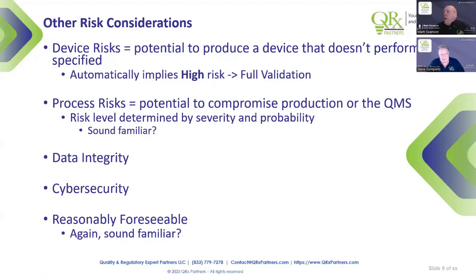Well, if it's reasonably foreseeable that there could be a power surge and somehow that could affect the system in these ways, then you're supposed to address that. And again, this should sound familiar as a concept mentioned in ISO 14971, right? So there's always that connection between the other regulations and standards.